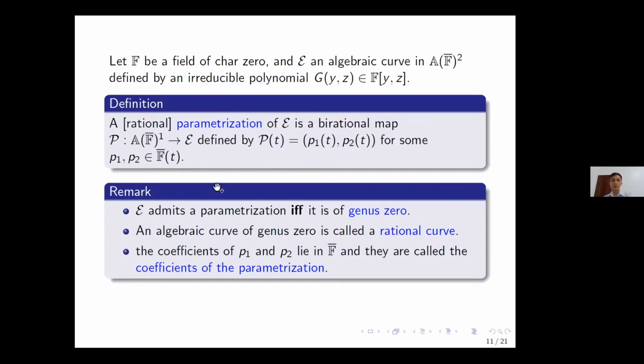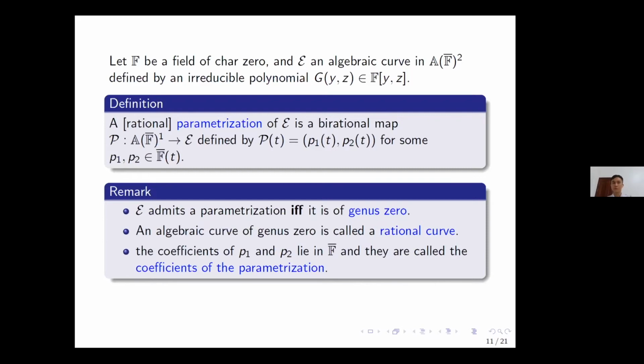Not every algebraic curve has a parameterization. Only a genus 0 algebraic curve has a parameterization. And an algebraic curve of genus 0 is called a rational curve.